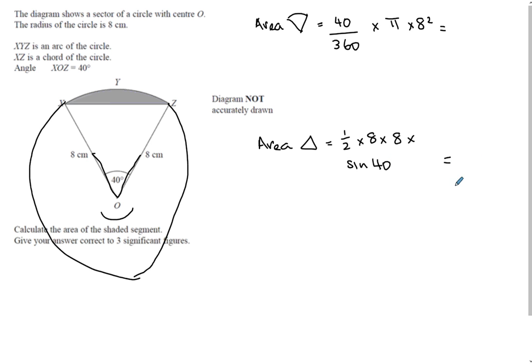Pick up your calculator now, because all you've got to do is calculate and subtract. For that one, we'd get 22.34. That one would get 20.57. And we're left with the area of the segment of 1.77 centimeters squared.